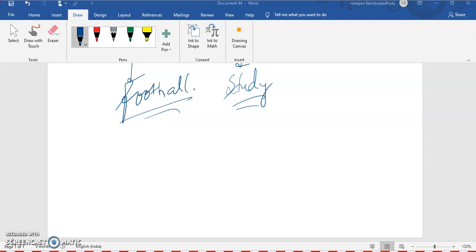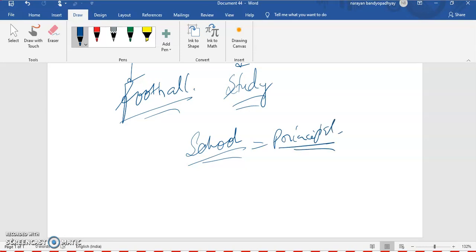Just take the example of a particular school. In your school, how is the work divided into various departments? Principal ma'am has taken the responsibility of the administration, and can be said to be the controller.